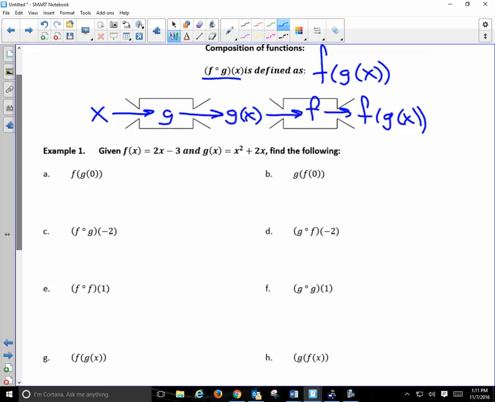So here it says f of x is 2x minus 3, and g of x is x squared plus 2x. f of g of 0. So you take 0 and plug it in for g. And all of a sudden this turns to f of, well, g of 0 is 0. And then you plug 0 in for f, and you get negative 3.